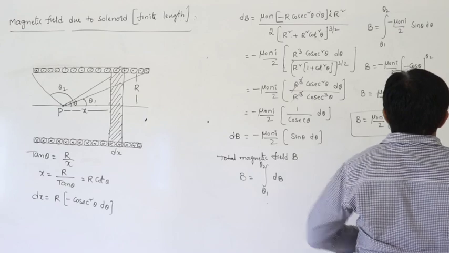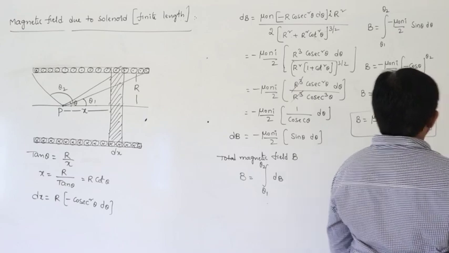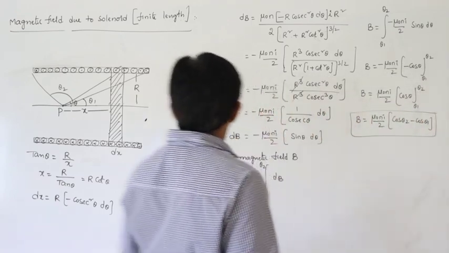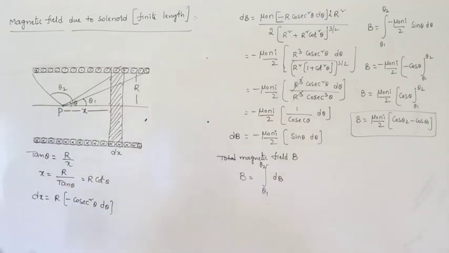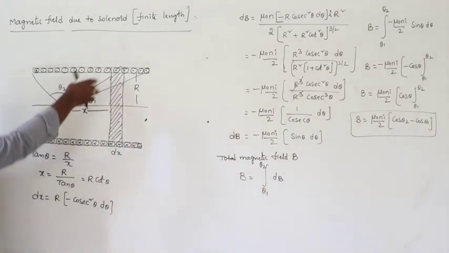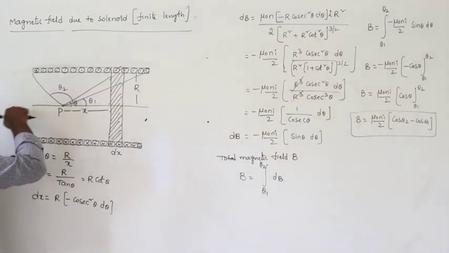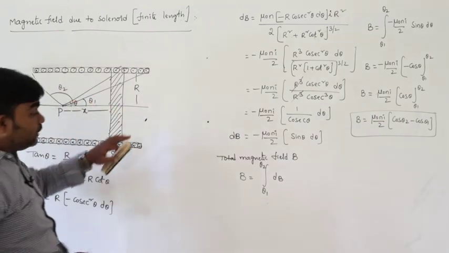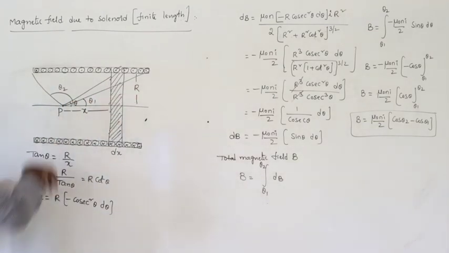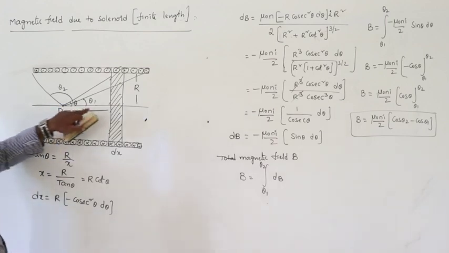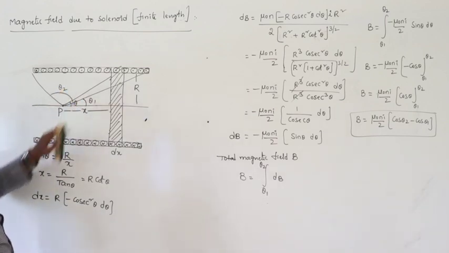So this is the magnetic field at the center, at the point P, due to the total solenoid: mu naught Ni by 2 into (cos theta 2 minus cos theta 1).